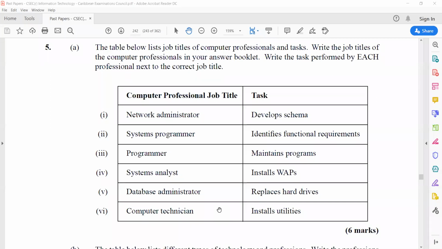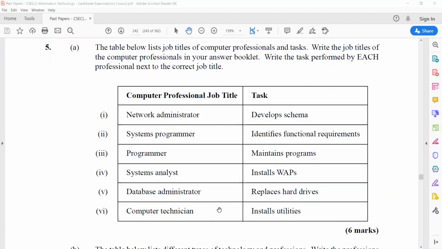What about the identifies functional requirements? Who does that? Who would do that?